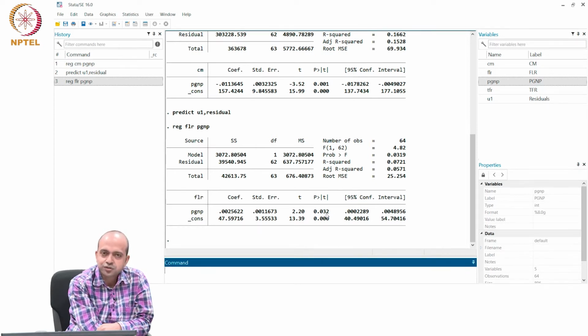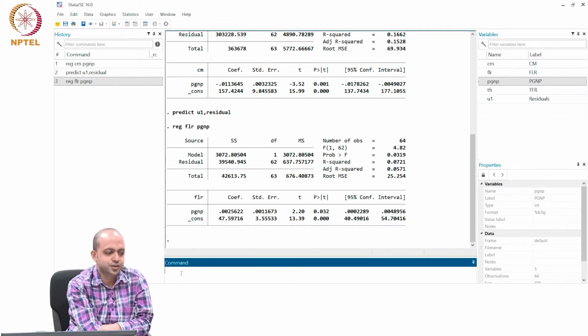At what percentage level is the variable significant? From the p value, which is 0.032, if you multiply this value with 100, 3.2 comes, which is greater than 1 but less than 5. That means this Pgnp is significant at 5% level. This is how you have to interpret this coefficient.